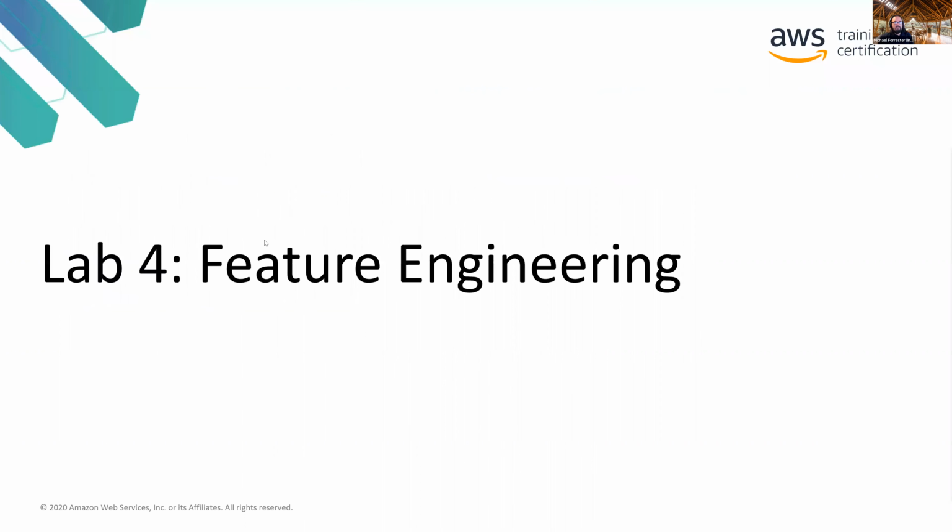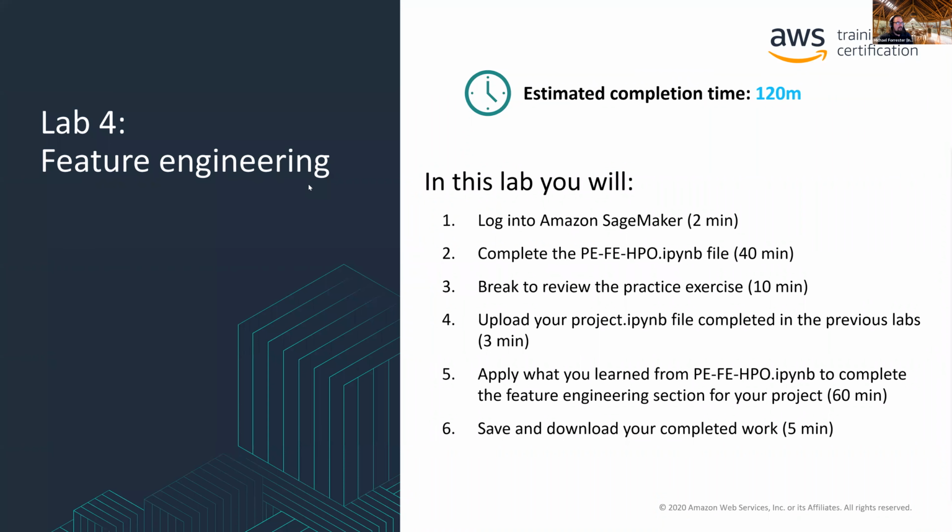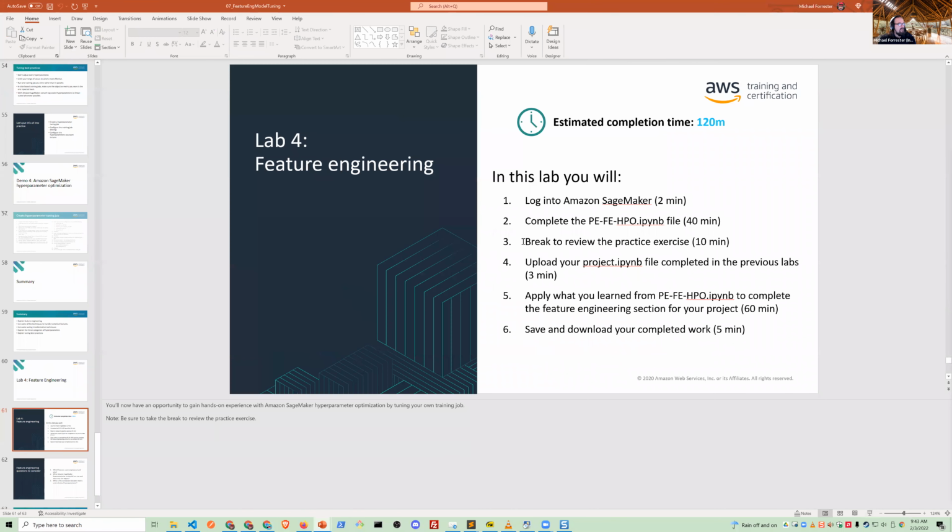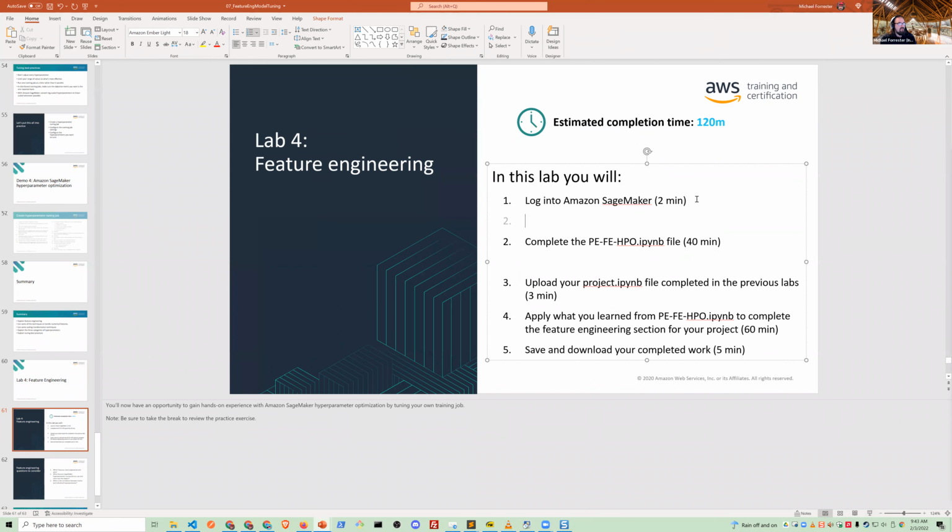Okay, so let's talk about lab 4 with feature engineering. Again, little distinctions here. We're definitely not going to break for this. Just like yesterday, you're going to upload your lab 3 file and run through everything until you get to lab 4.